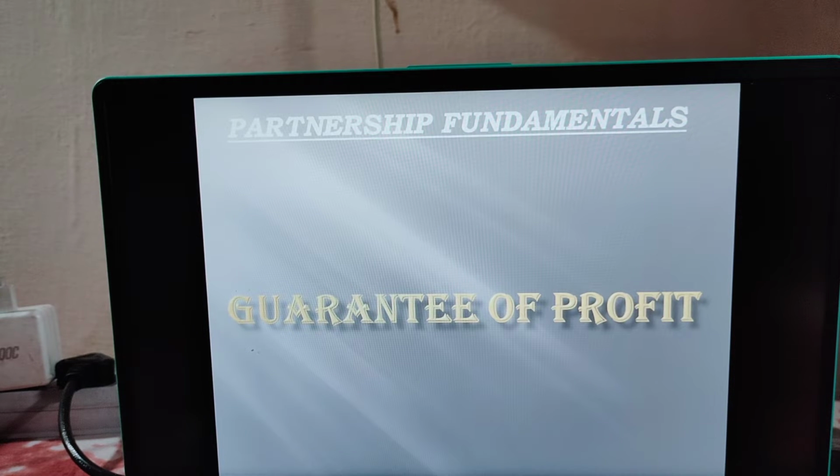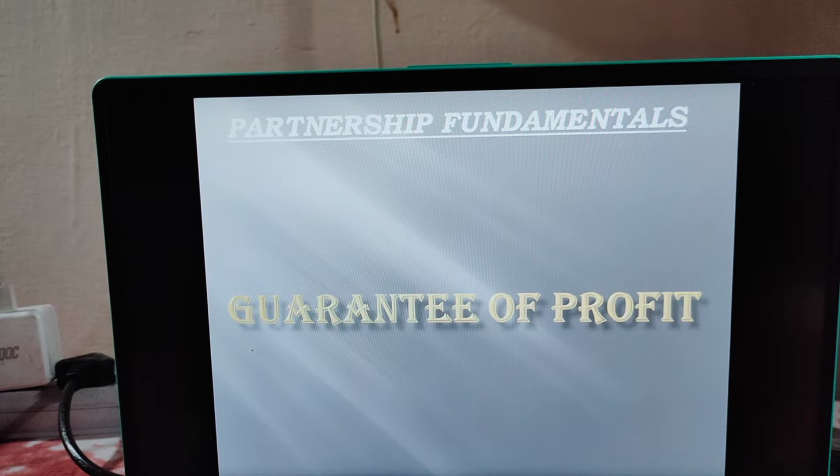You can take the example that A, B, C are partners and C is being guaranteed by B that you are going to get a profit of at least 1 lakh rupees.